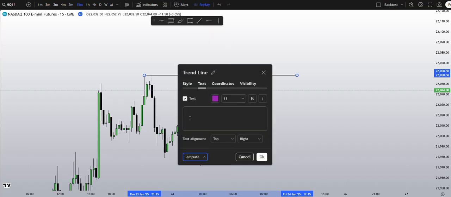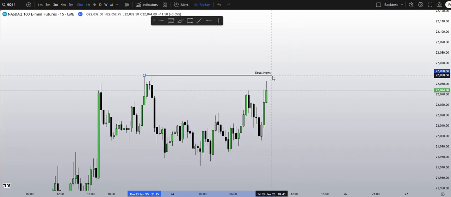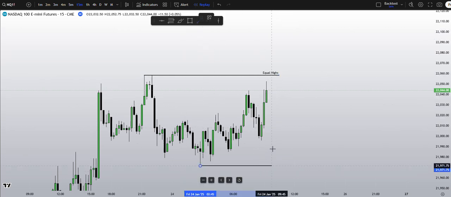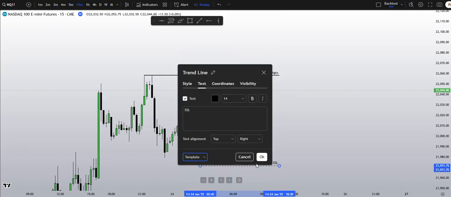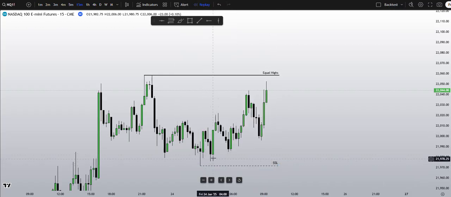Here I'm going to put the equal highs right here, and you can see below we have sell side liquidity. This is low resistance liquidity. Here it is making higher lows, and I will go into why this is important for this trade.